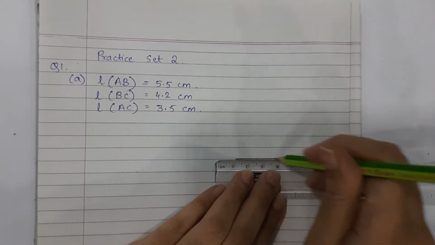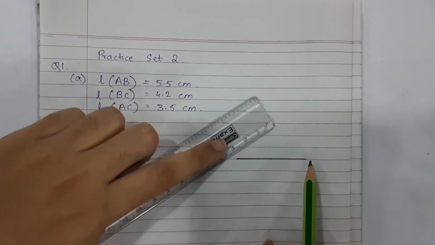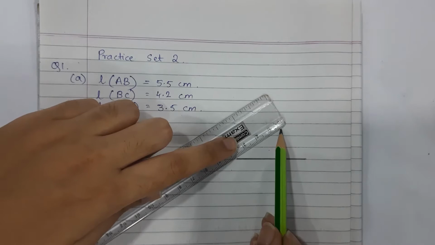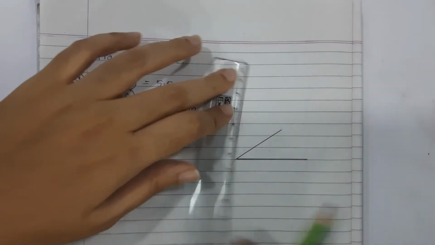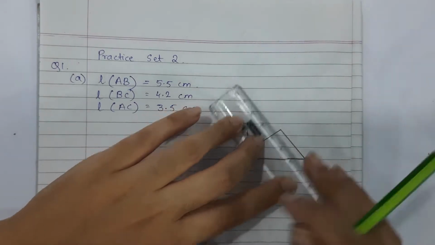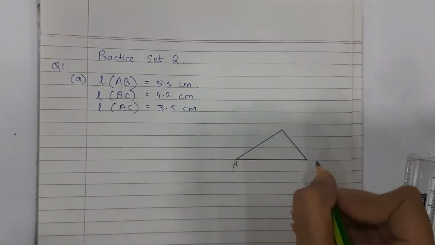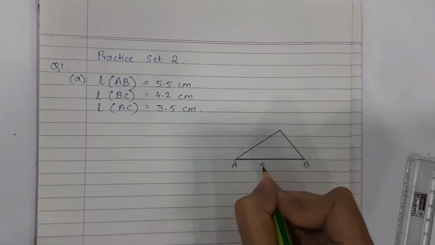Now before construction, the first thing we have to do is draw a rough diagram. That is a blueprint, we can say. We are supposed to draw a rough diagram by which we can understand what will be the base and which will be the other sides of the triangle. So we will label the rough diagram first.